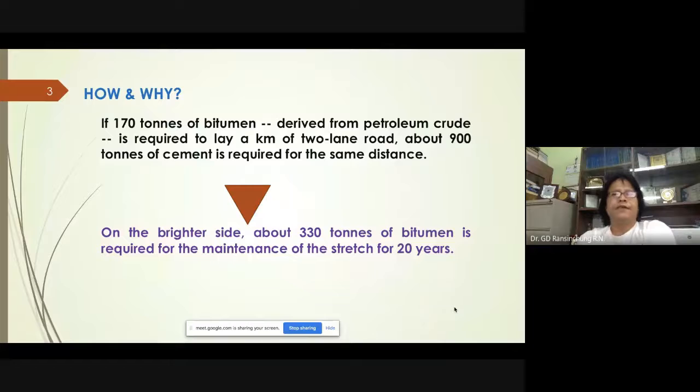A small justification based on the experts' opinions. If 170 tons of bitumen derived from petroleum crude is required to lay a kilometer of two-lane road, about 900 tons of cement is required for the same distance. On the brighter side, about 330 tons of bitumen is required for the maintenance of streets for 20 years.